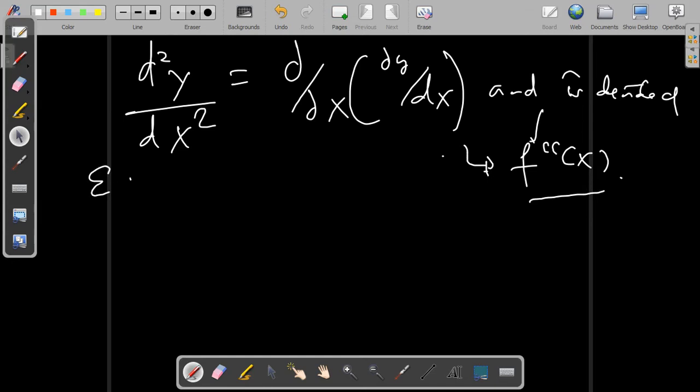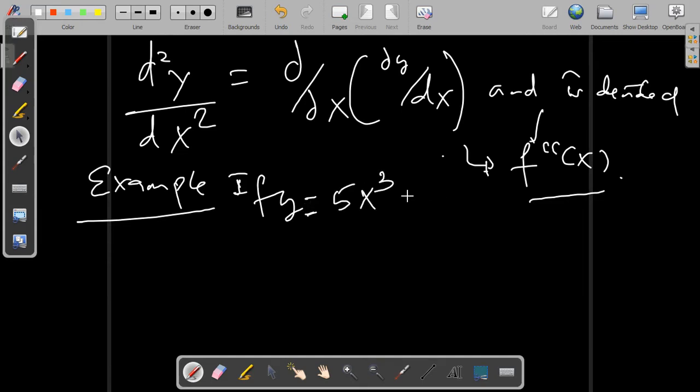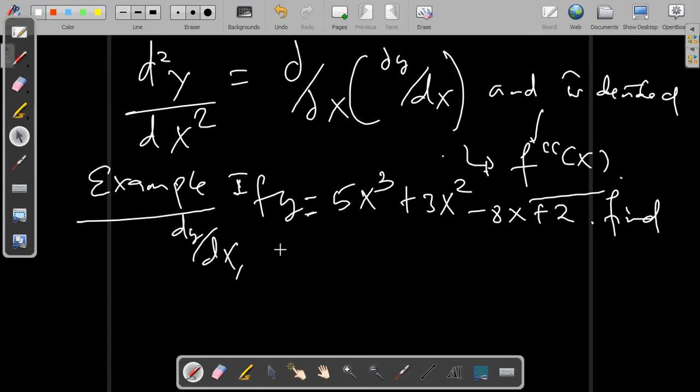So let's go to an example. Suppose y is equal to 5x cubed plus 3x squared minus 8x plus 2. You are required to find, first, the first order derivative, that is dy over dx.